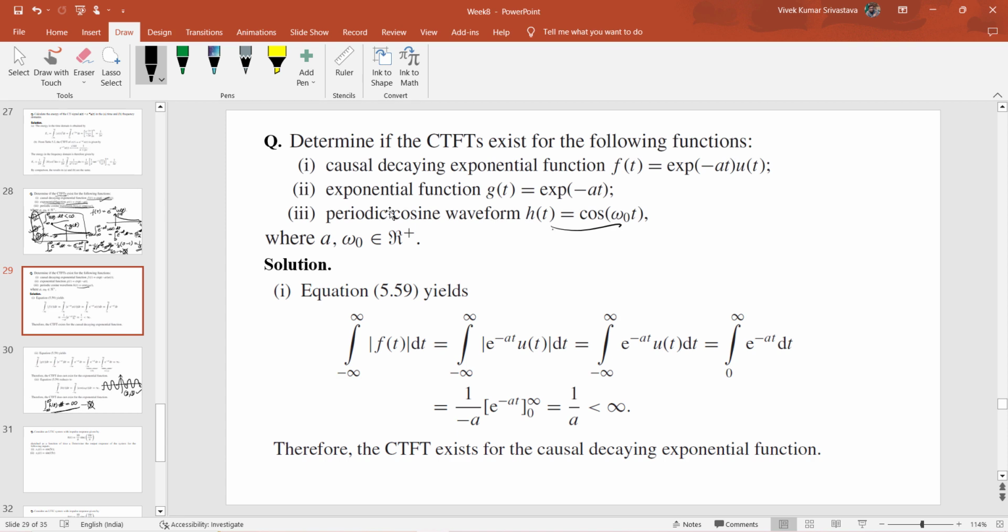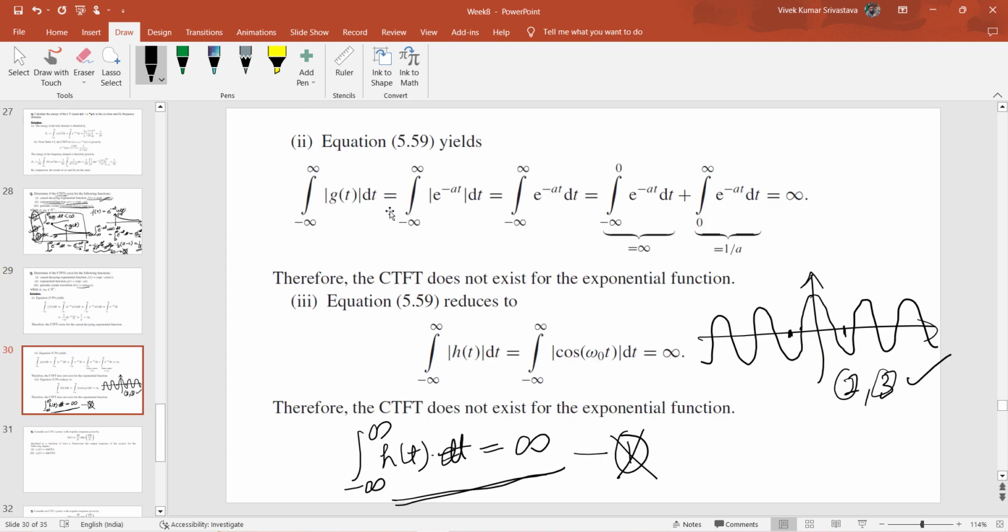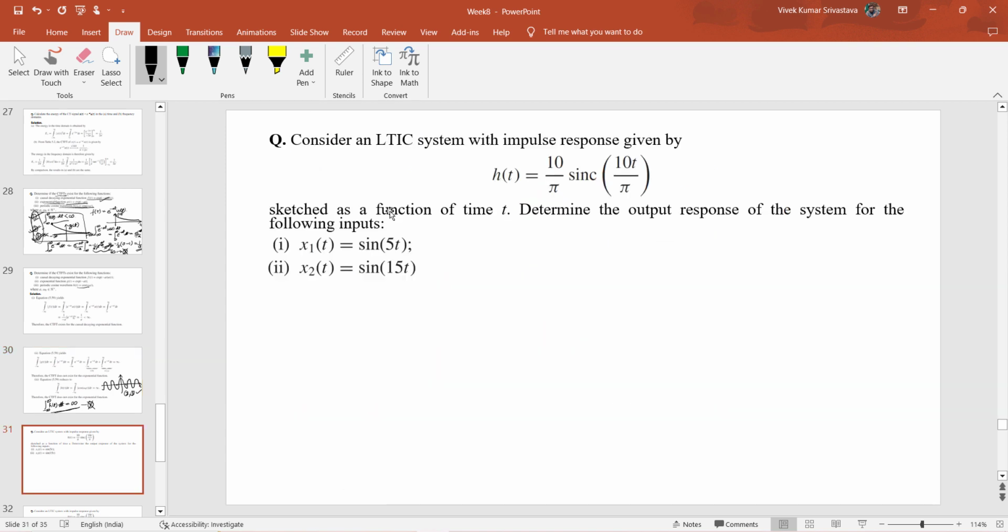Hence the Fourier transform of this function h of t will not exist.